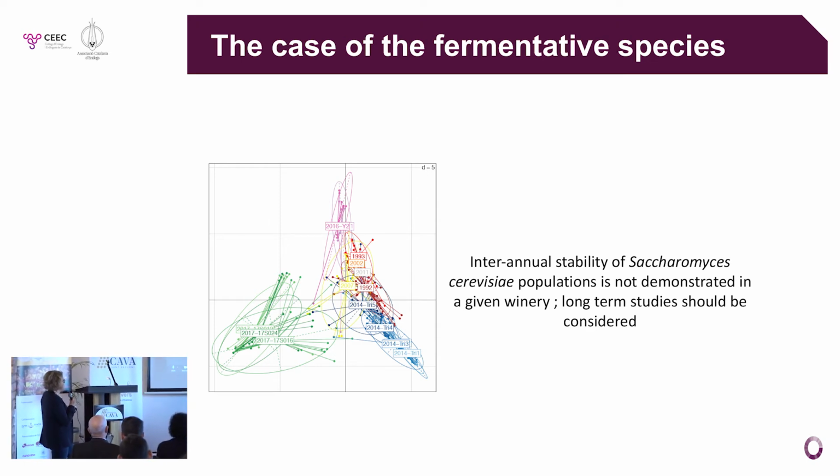So this result, done in a specific vineyard and cellar in the Bordeaux area, shows that there is no interannual stability of the Saccharomyces cerevisiae population in a given winery. So time is one factor that will shape the population of cerevisiae. This is contrary to other research work showing that from one vintage to another there could be the same population of cerevisiae, but when you consider the long-term study, it's not the same.